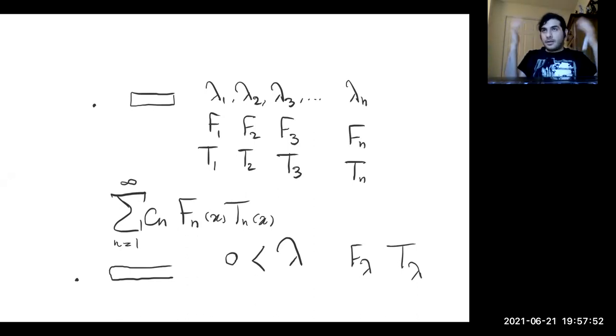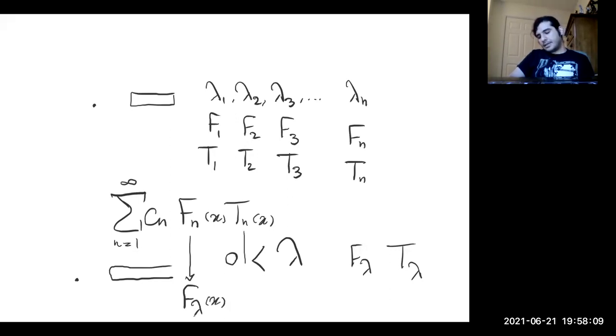If you have uncountably many things, their linear combination with the sum doesn't make sense in the usual way. So rather than fn, we have f lambda for any positive lambda. Rather than tn, we have t lambda for any positive lambda. They have some coefficient. We show that coefficient with b lambda.